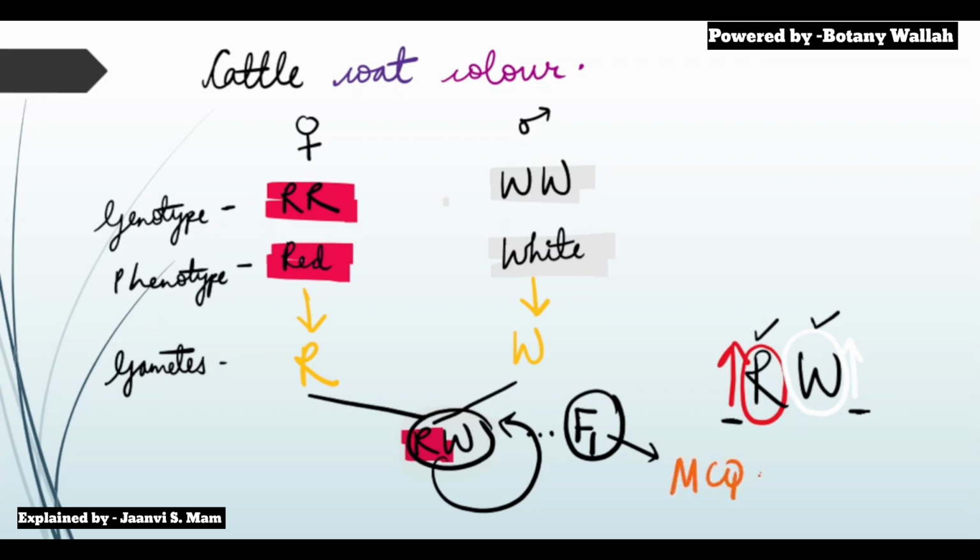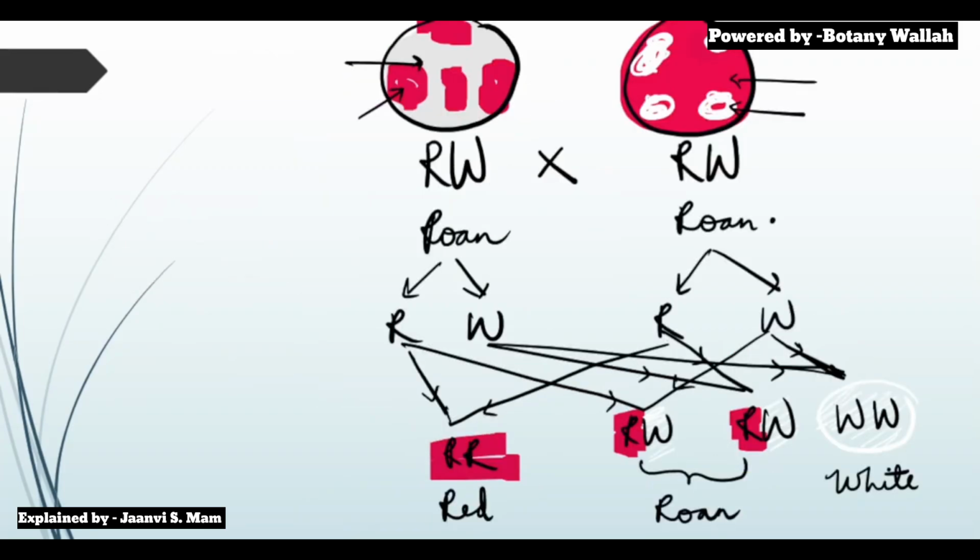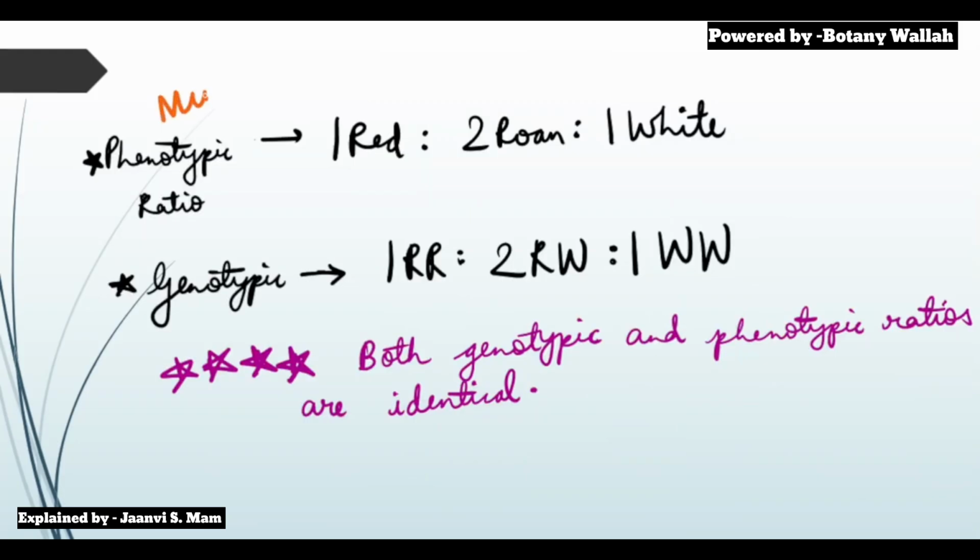The possibilities and the ratios are important, they can be asked as MCQs. You can also get an MCQ as: which of the following has both genotypic and phenotypic ratio similar? So you can write this as a statement, which is very, very important. I must say this, so I will highlight it.